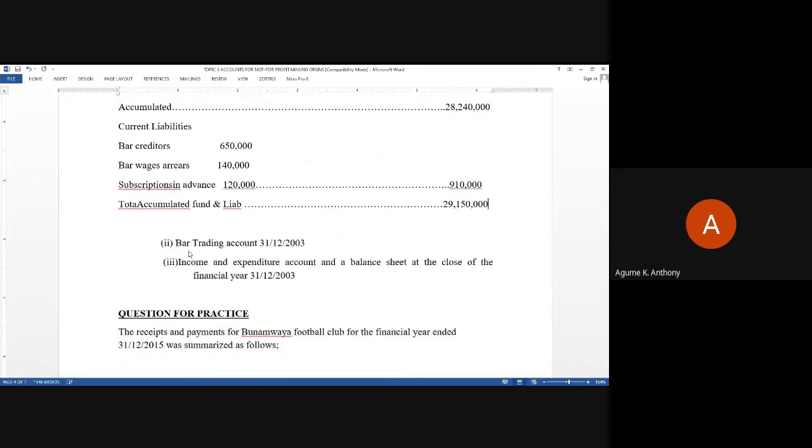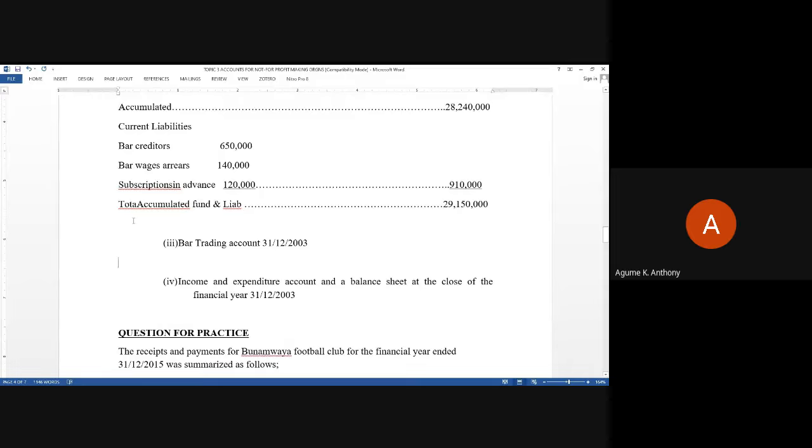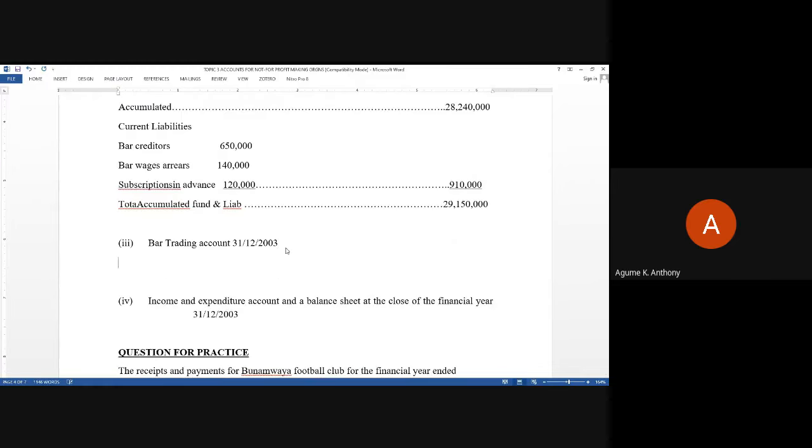Now, two, I go to the bar trading account. Remember, I said that much as these non-profit organizations are there not to make profits, of course, you cannot rely only on subscriptions and also income from donations. You need to put in place investments where you can generate some income.